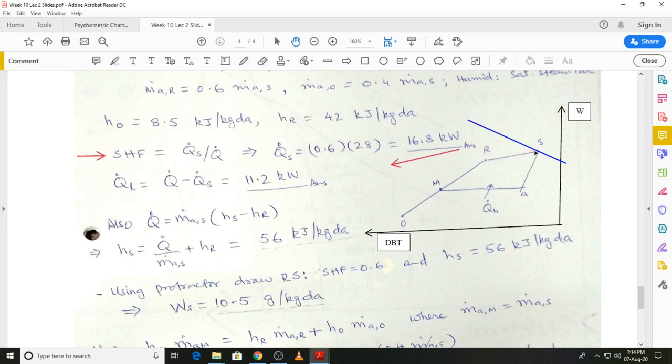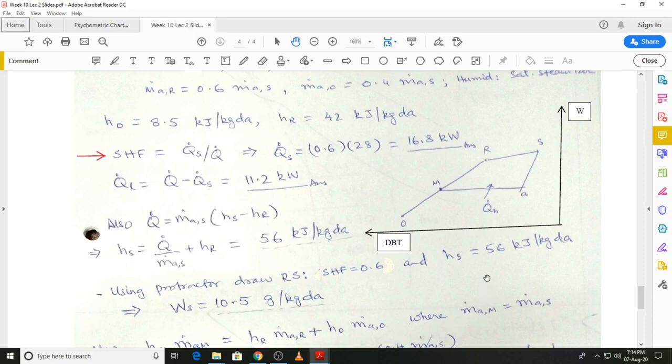So I can again remove these lines and go back to the solution. Once we have located state S, we can find out the humidity ratio, which is 10.5 grams per kilogram dry air. This is the value that you read from the psychrometric chart.